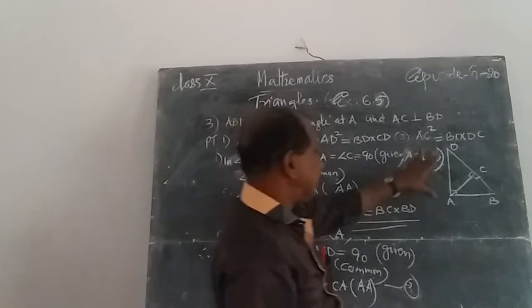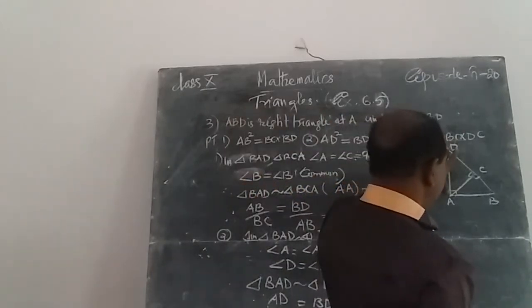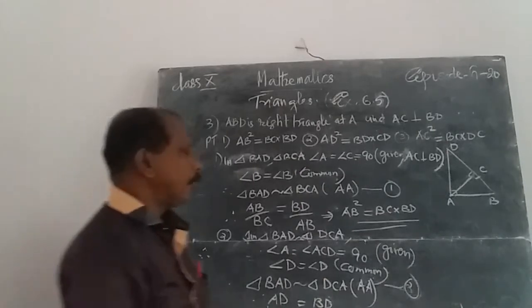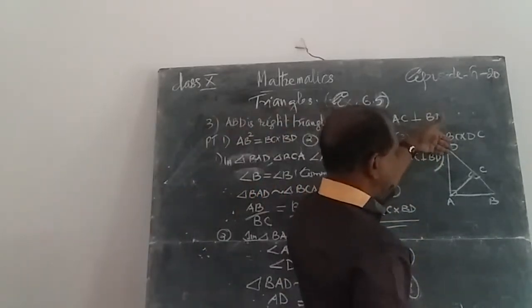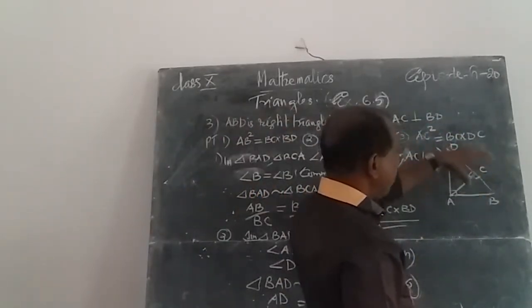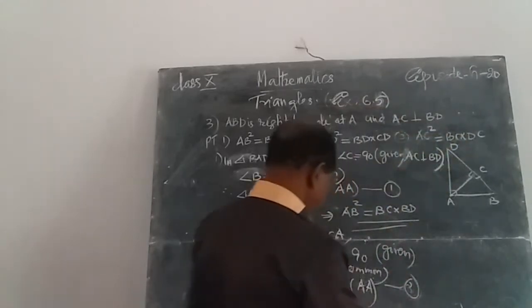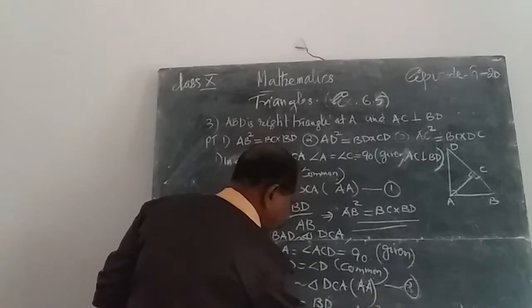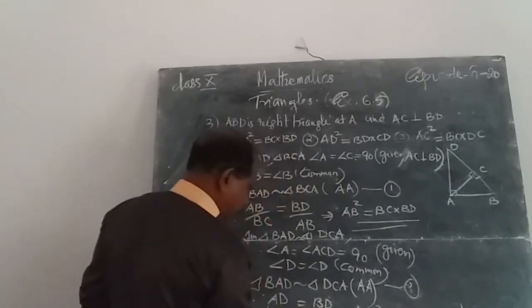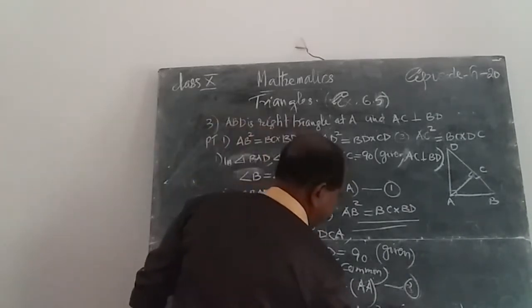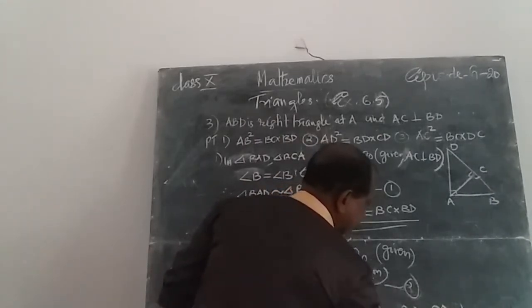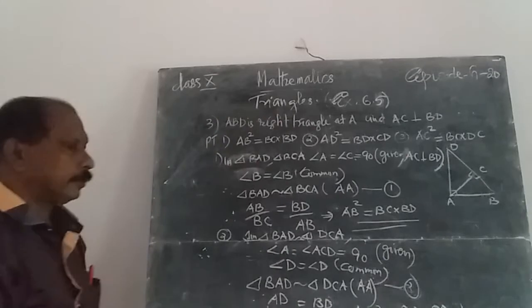Altitude of first triangle is AD, altitude of second triangle is CD, hypotenuse of first triangle is BD. Cross multiplication, we get AD square is equal to BD into CD. That is the second result.